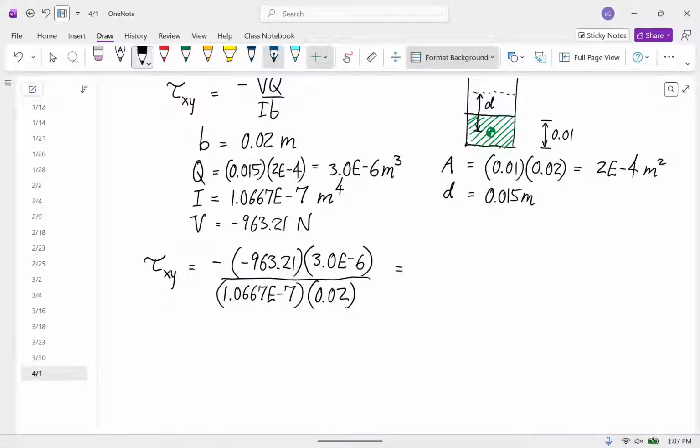And we get a value of 1.35 times 10 to the 6.